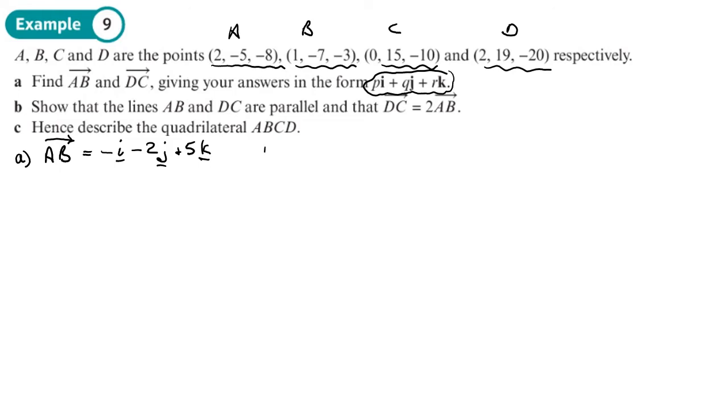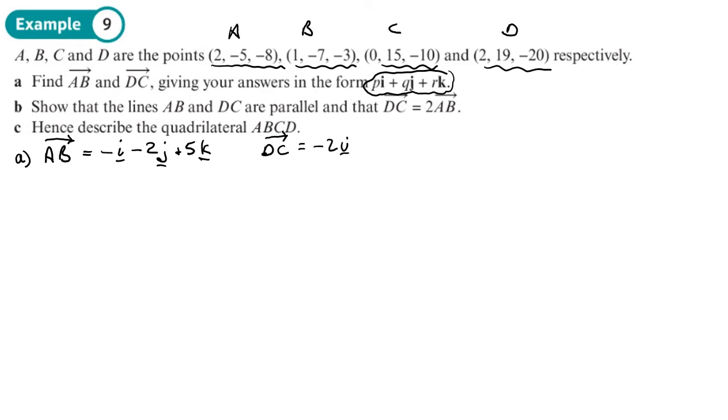And now we're going to do the vector DC. So what's the jump from D to C? Well, the I part in D to C goes down by 2. So it's important that we go from D to C, not C to D. So 2 to 0, that goes down by 2, so negative 2I.